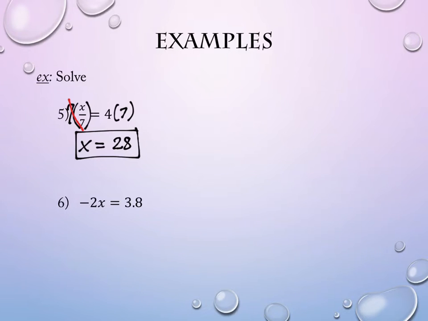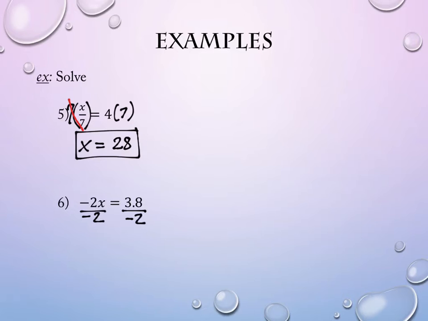So what happens on 6 that's a little bit different than the ones we've seen before? There's a negative. There's also a decimal. With division, we haven't had a decimal actually occur within the problem. That's true for a division problem. So the negative 2 and the x are being multiplied, right? So what is the inverse operation of multiplication? Yeah, so the negative 2 just means I'm going to end up dividing by a negative 2.